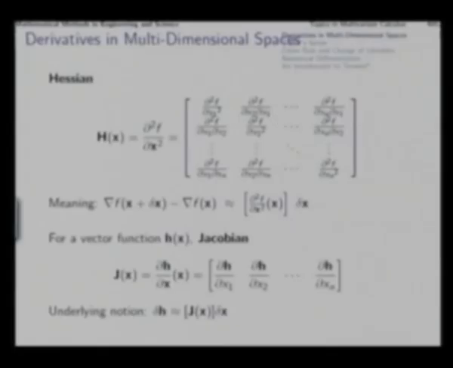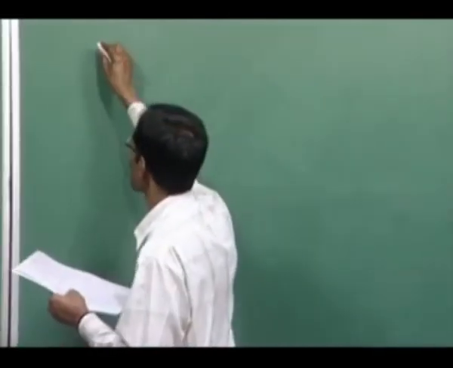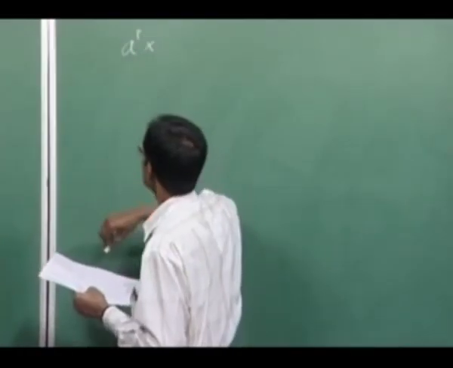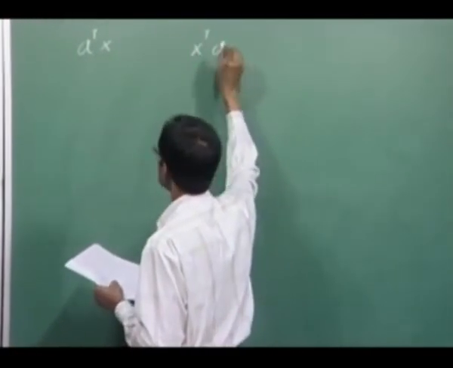Now in order to see how we get the gradient and Hessian of some very simple functions, let us see some examples. We will try to find out the derivatives of a few simple functions. This is one, this is another.